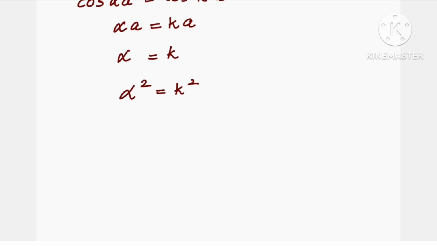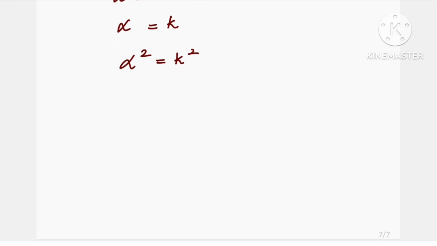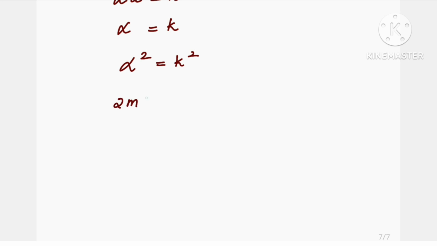Then we can substitute the value of alpha square. We know that alpha square is equal to 2mE by h cut square, which is equal to k square. We know that h cut is equal to h by 2 pi.